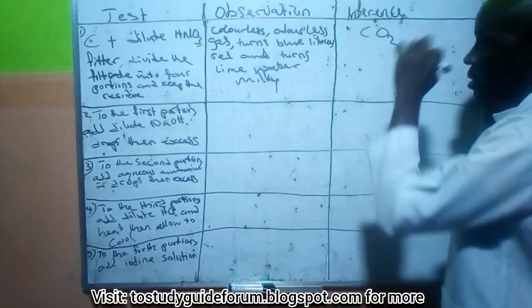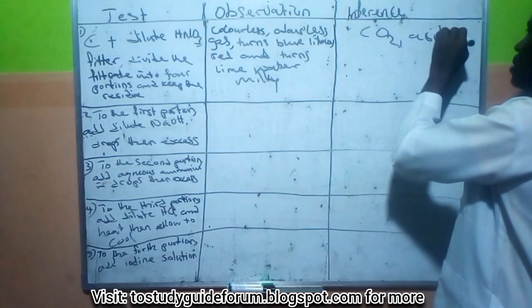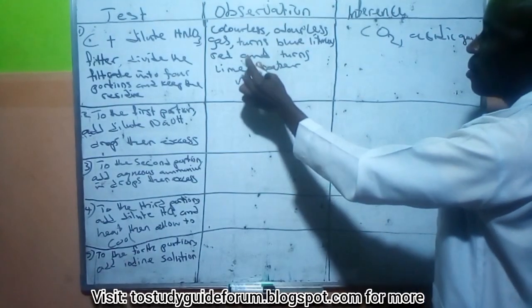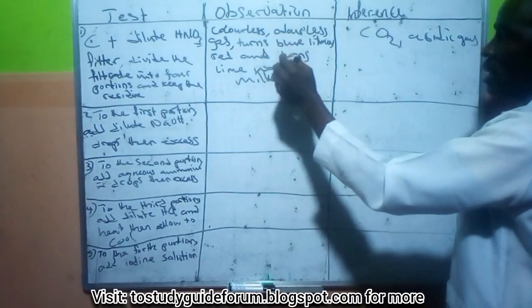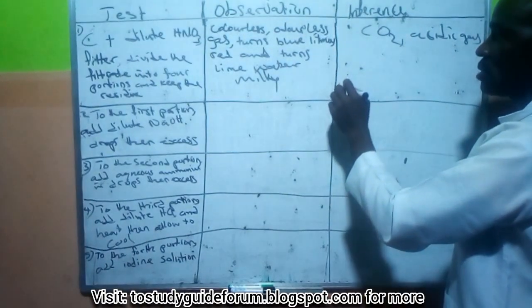So what is the gas? Carbon(IV) oxide, and the gas is also an acidic gas, because turning blue litmus paper red means that it's an acidic gas. And the last one, what else do we have here?